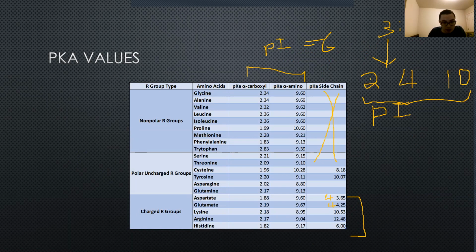For the amino acids that have a side chain that can be positively charged, the pIs are going to end up being in the upper region. So let's see, which one do I want to pick? Let's do arginine. So for arginine, right, we have 2, 9. We're going to do 10 just for consistency.